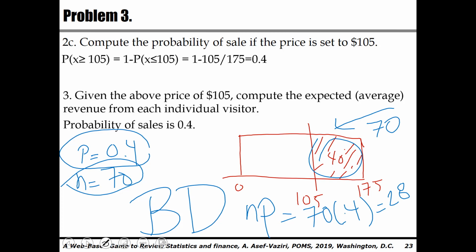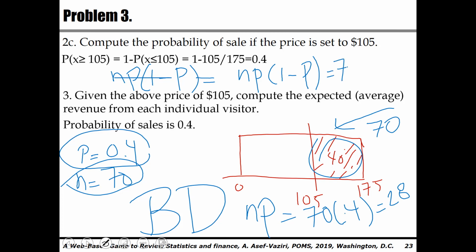Variance of this distribution is NP, which is the average, multiplied by 1 minus P. That is 70 times 0.4 times 0.6. That is variance of sales. We sell the product for 105. A person who comes with probability of 40% buys it.